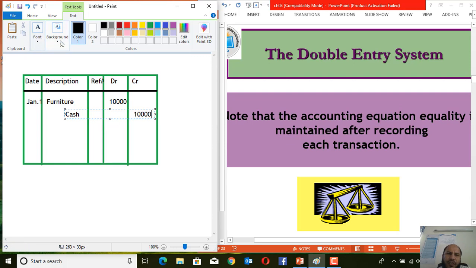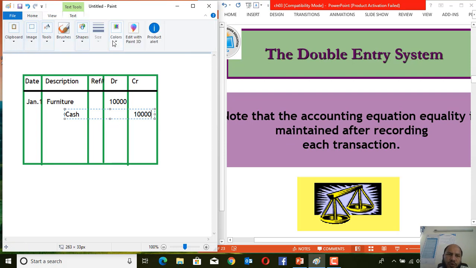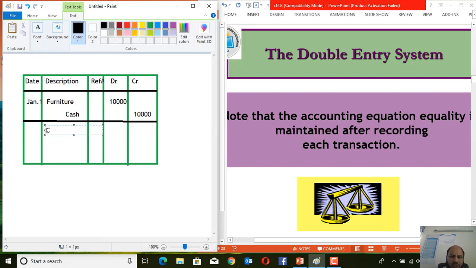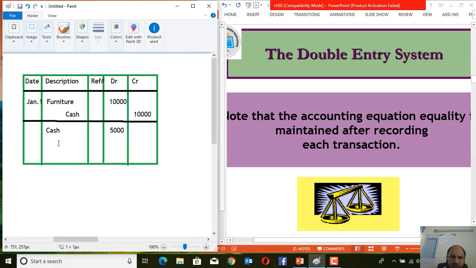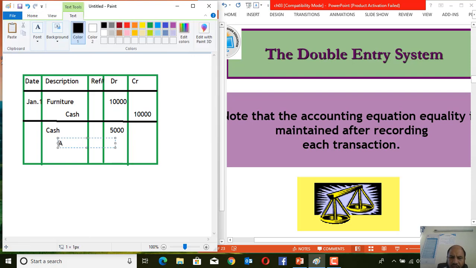Or if you are interested to understand a bit more, let's record a second transaction. The company took a loan as cash. So the cash account of the company increased, and the amount is, for example, 5,000. But on the other side, the company will pay this back as a liability, so the liability of the company also increased.